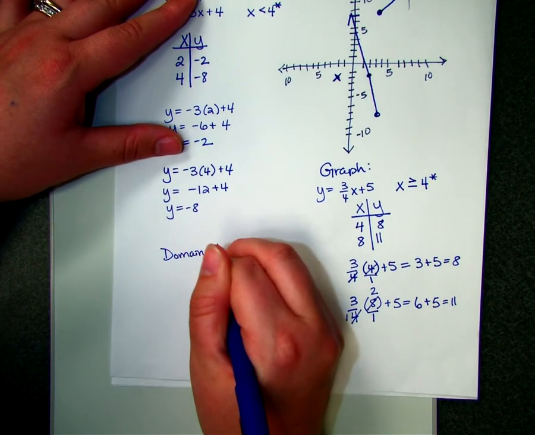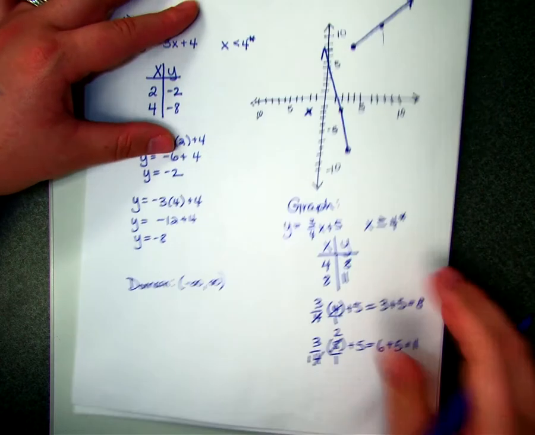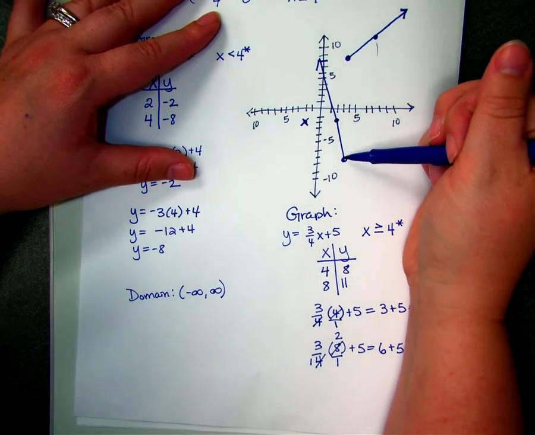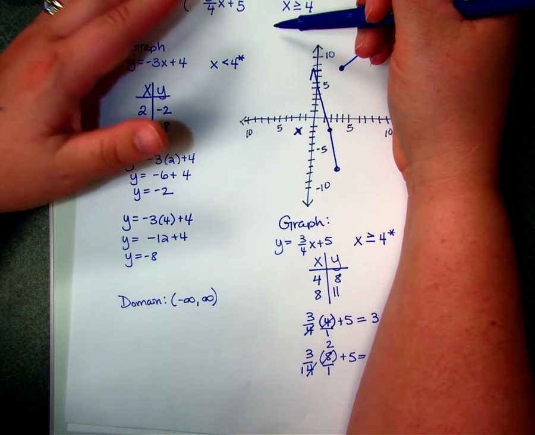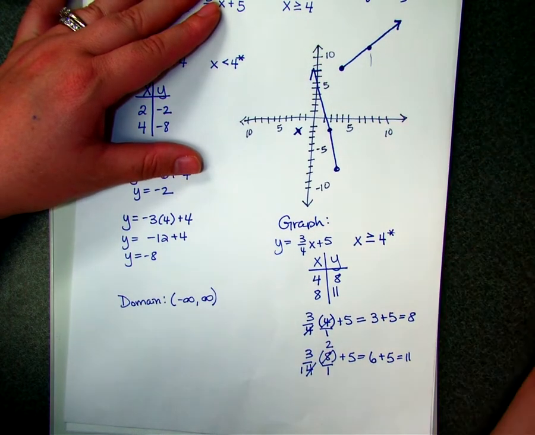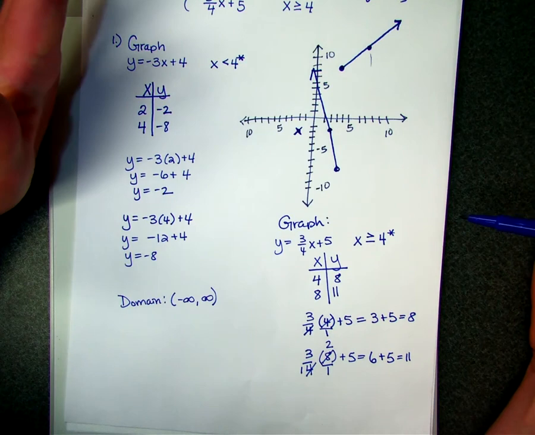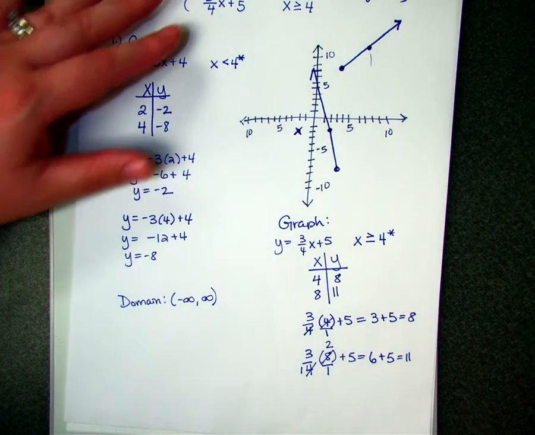So our domain is negative infinity to infinity. And we can also see that from the graph. So from the graph, if you'll notice that we start over here to the left with this piece and come in, and then we jet out towards the right. We cover the entire scope of the x-axis, so our domain is negative infinity to positive infinity.